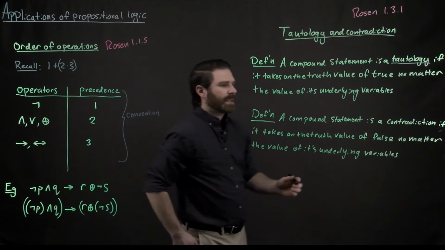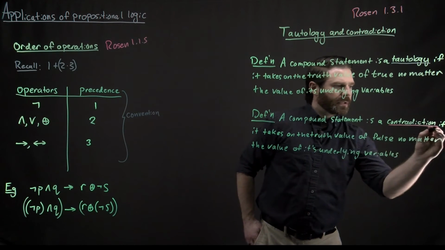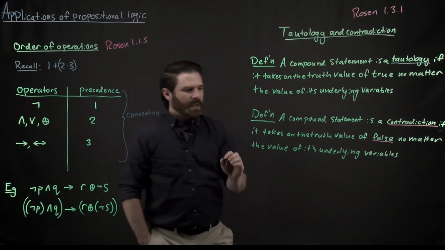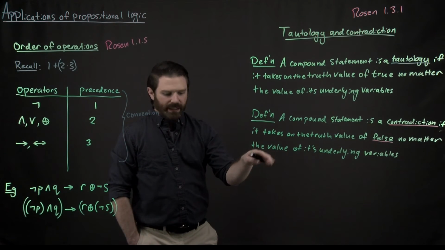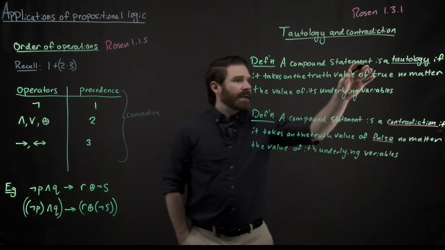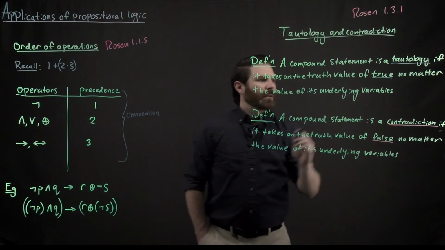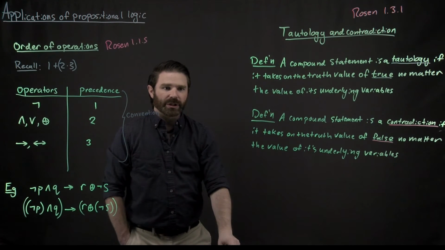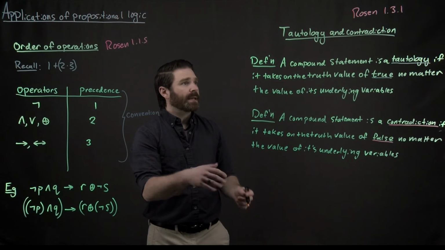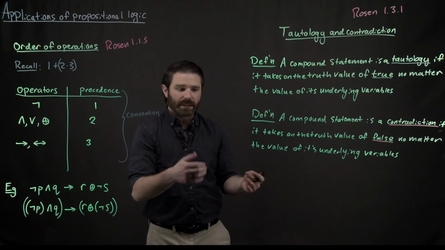So a compound statement is a contradiction if it takes on the truth value of false, no matter the value of its underlying variables. So basically the only difference between these two is it's a tautology if it's always true, and it's a contradiction if it's always false.